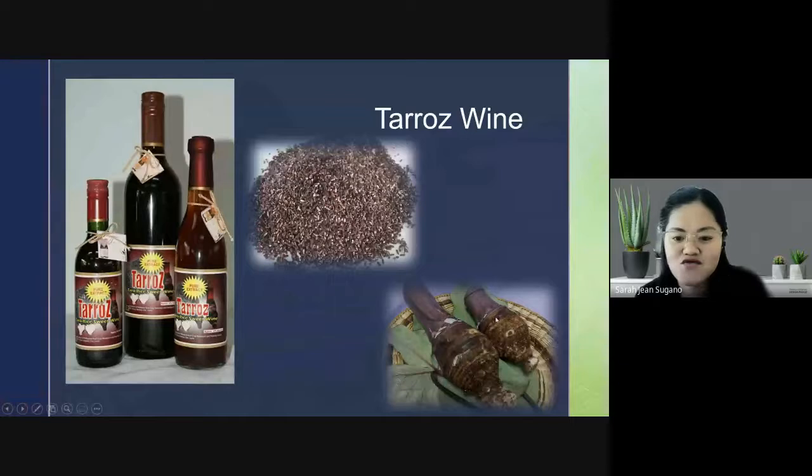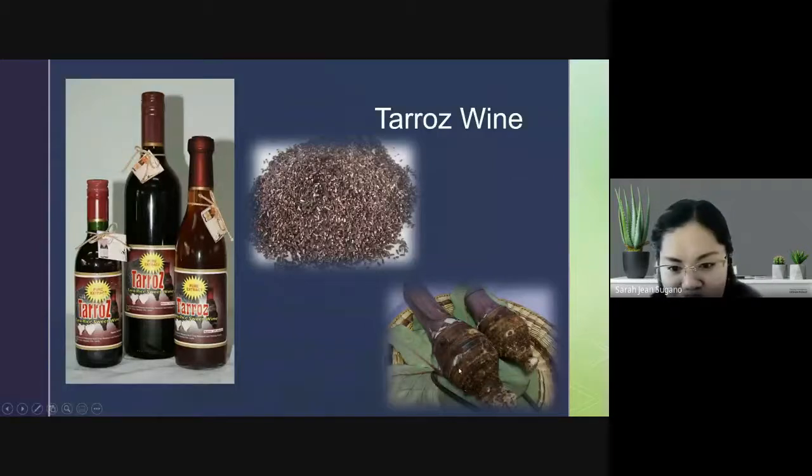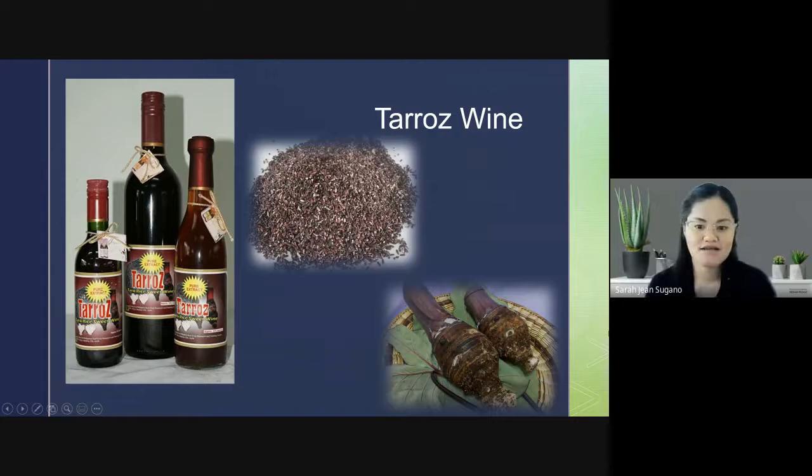This is gabi wine, class. The VG9 variety was also developed in the Philippine Root Crops by our researchers there. I think Dr. Ferrarin is in charge of the breeding of the gabi. Yeah, so this is Dr. Ferrarin.